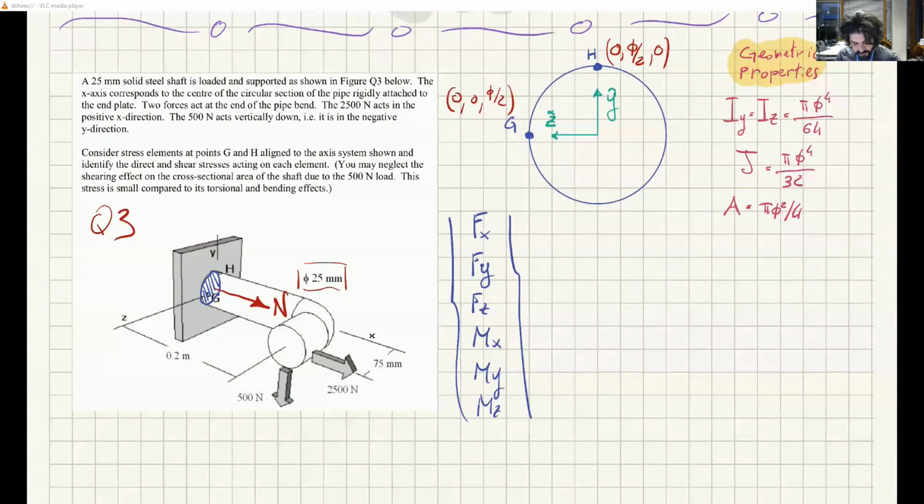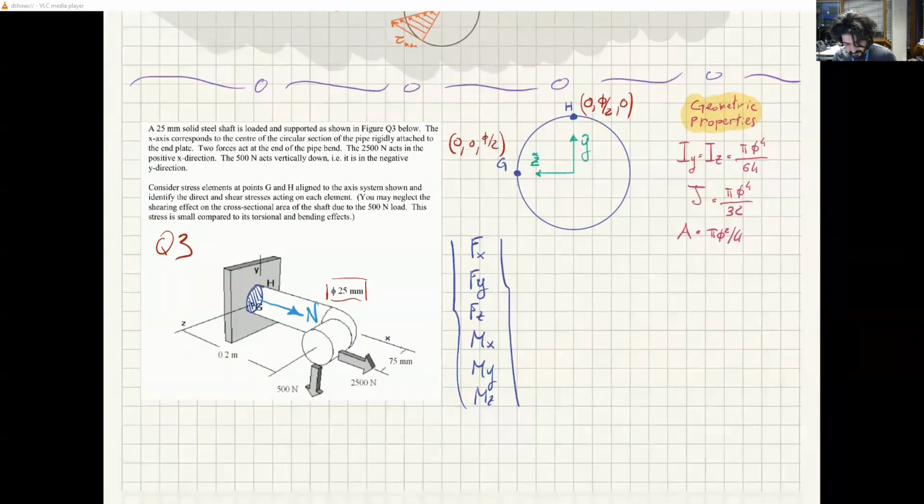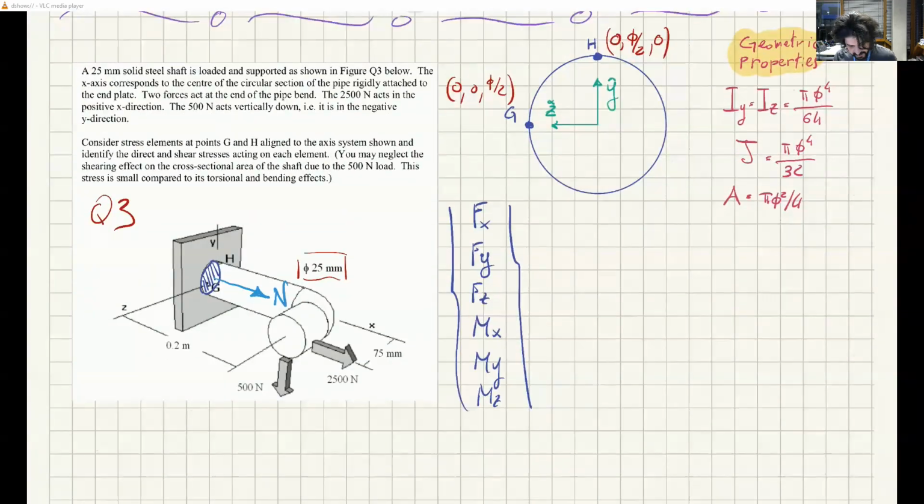Let me do this in light blue, to recall the color scheme I've used above. So this is the normal force.